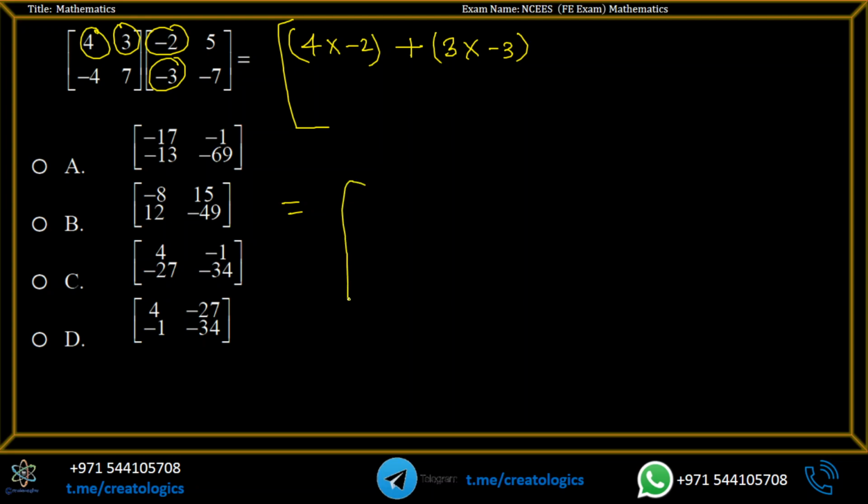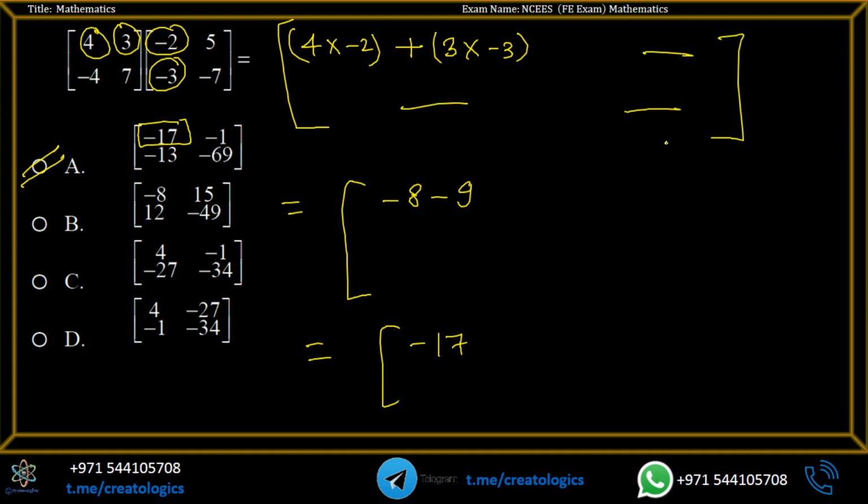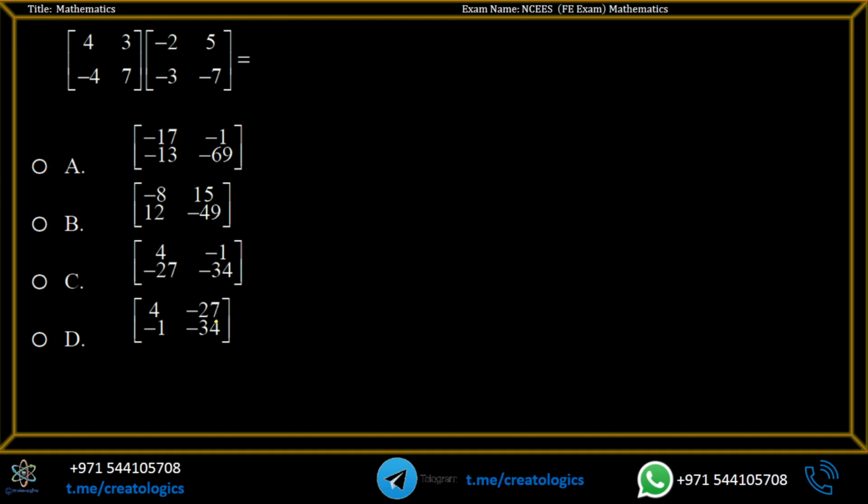When you solve it, you can see you are having -8, -9, which gives you -17. So only by calculating the first element, I can say this is the only option which is having the -17 as the first element in it. So here also you can say this is the only correct answer, because all the other options, no need to calculate those, because it is the only matrix having the first element as -17. So just rejecting all those options will work. I hope you get this.